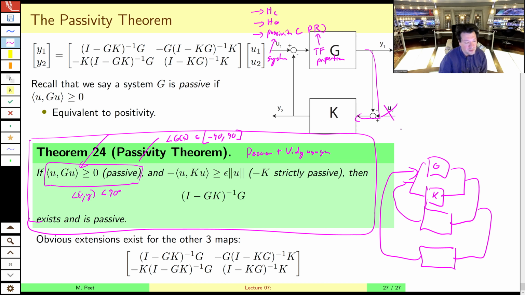We'll block off the 2, so ignore 2, because we're just going to focus on this one term, the map from U1 to Y1. In this case, we only need G to be passive. We need actually the negative K, because it's negative feedback, to be strictly passive.